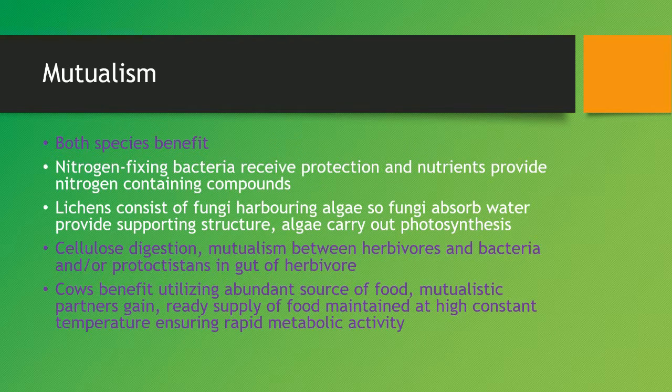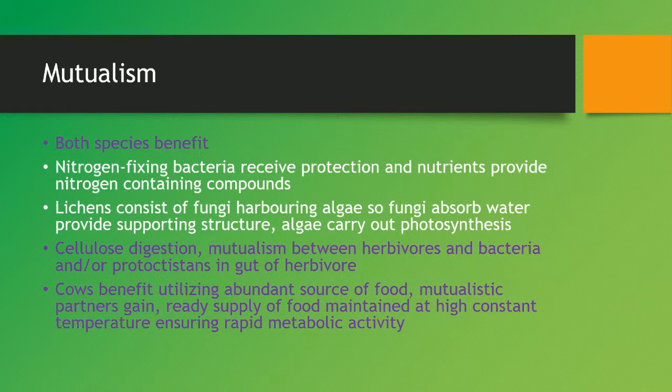So mutualism: both species will benefit here. An example is nitrogen-fixing bacteria, which receive protection and provide nitrogen-containing compounds. Lichens are an example, as they consist of fungi harbouring algae; the fungi absorb water, which provides support and structure, and the algae carry out photosynthesis.